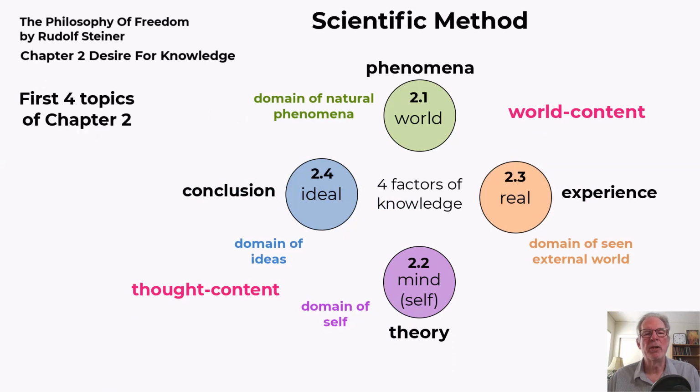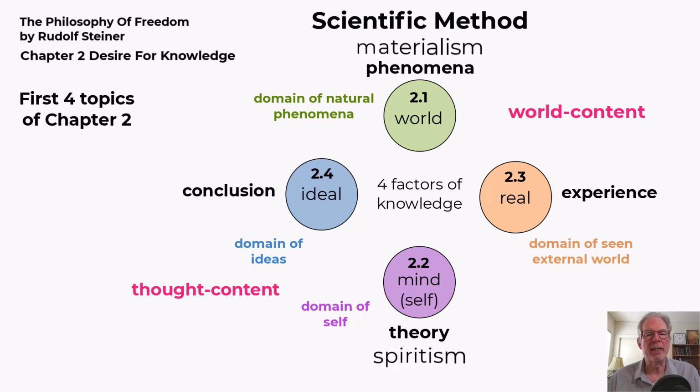Now let's compare this to the first 4 topics in Chapter 2, and we can see that they match up. Topic 2.1 is materialism, which is a study of the natural world of phenomena. Topic 2.2 is spiritism, which is a discussion of spiritual theory produced solely out of the mind.